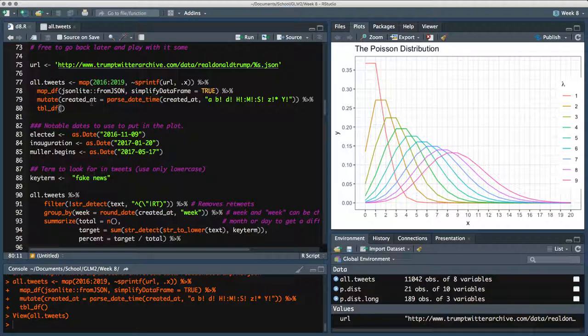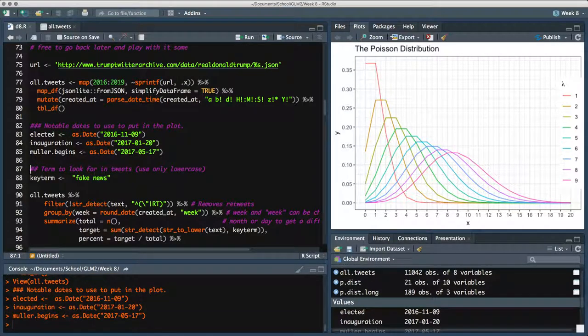All I did here is create all tweets, a data frame that contains all of Donald Trump's tweets from the real Donald Trump account, not his POTUS account. And then here I'm specifying 3 dates of interest that I want to plot: the day he was elected, the day of the inauguration, and the day that the Mueller special counsel was announced.